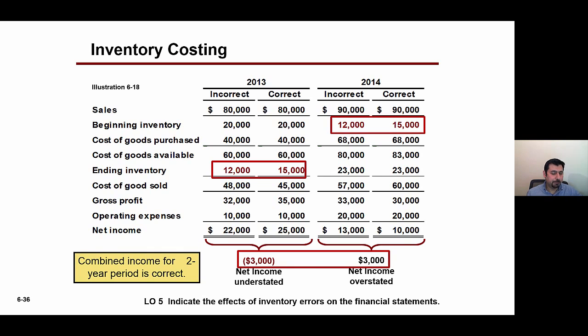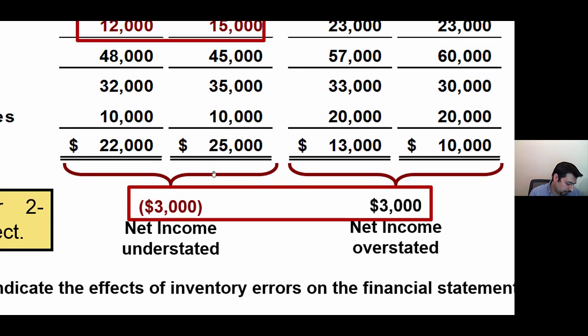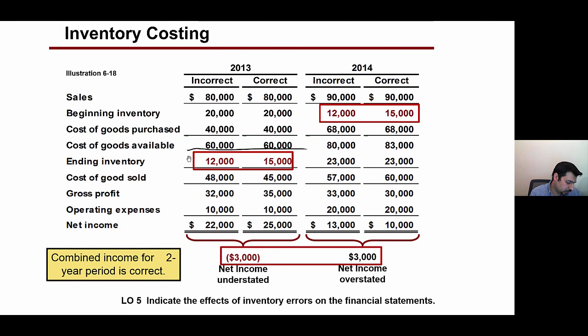As we mentioned before, usually until the cost of goods sold, the numbers will be the same, because at this point you have the beginning inventory, and here we are assuming that the beginning inventory was correct, because in this case we're only talking about the ending inventory.